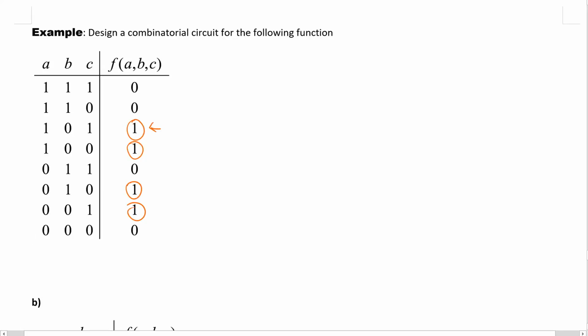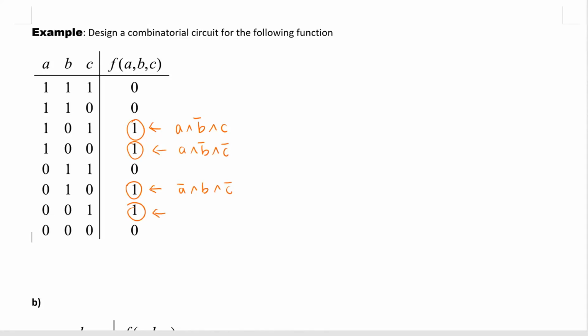In this one, A is 1, good, but B is 0, so we have not B, and C is 1, good. Here A is 1, but B and C are 0, so we have A and not B and not C. In this one, we have not A and B and not C.